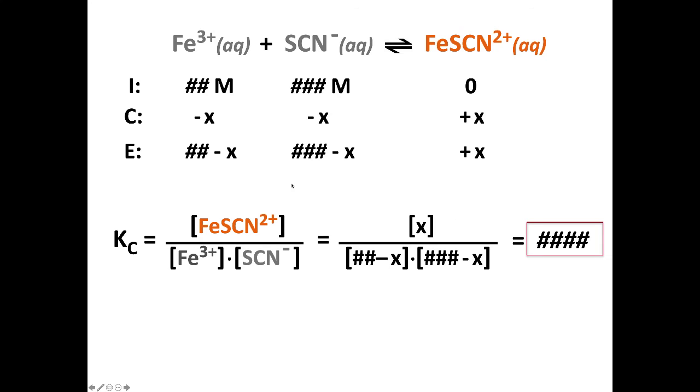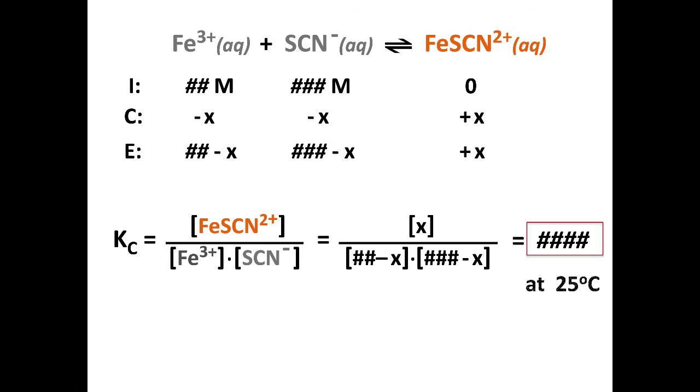You'll do this same exact thing for all, I believe it's 5 trials that you do. So you'll set up a nice table, use the absorbance for the FeSCN2+ for that particular trial, grind it all through, and calculate your K sub C value. It should be pretty similar to the ones you get for all the other trials.